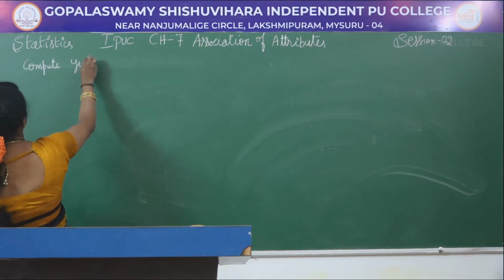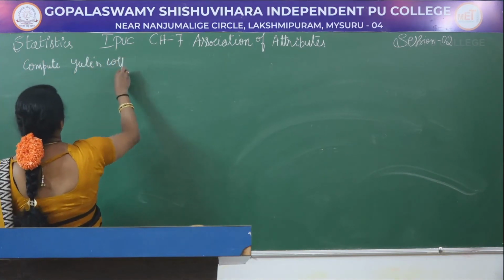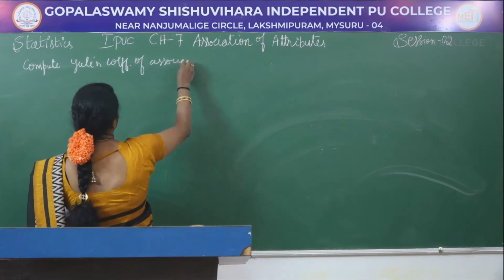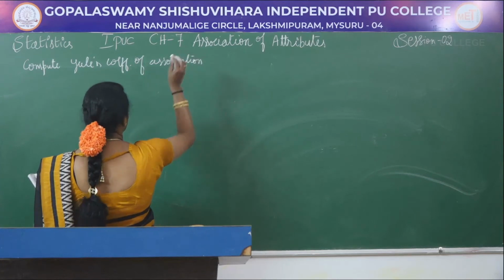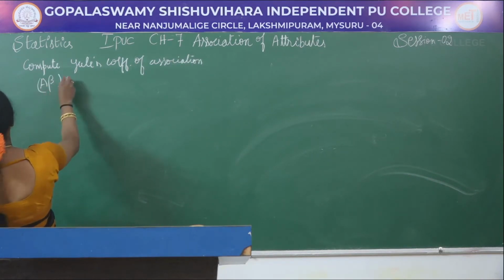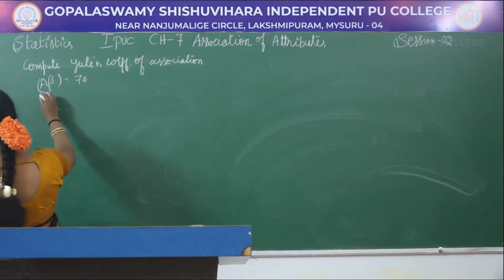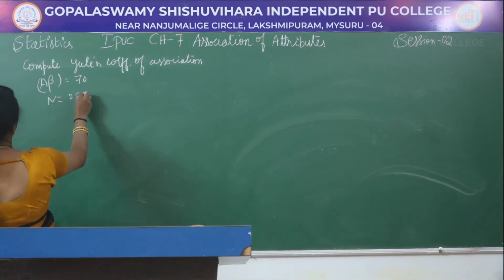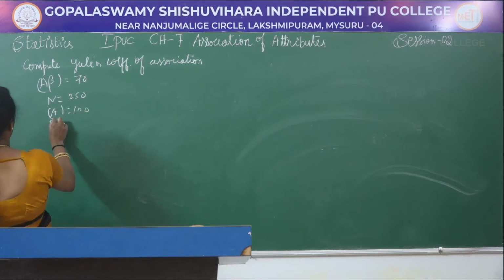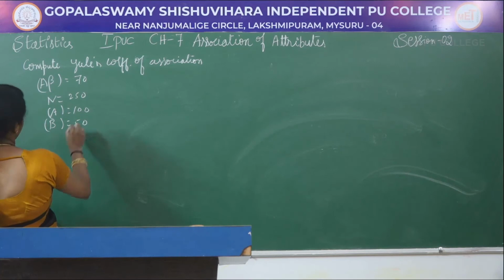Compute Yule's coefficient of association. AB is 70, N is equal to 250, A total is equal to 100, B total is equal to 50.